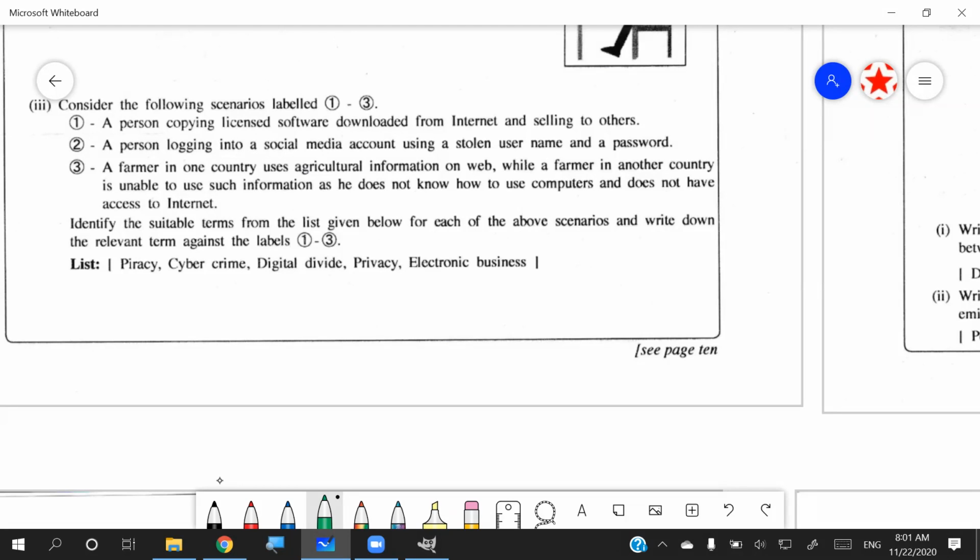Then a farmer in one country uses agricultural information on the web while a farmer in another country is unable to use such information as he does not know how to use the computer and does not have access to the internet. So definitely the digital divide, the lack of information, lack of knowledge regarding computers, which will create a digital divide. And what are the other factors? The economic factor, right?